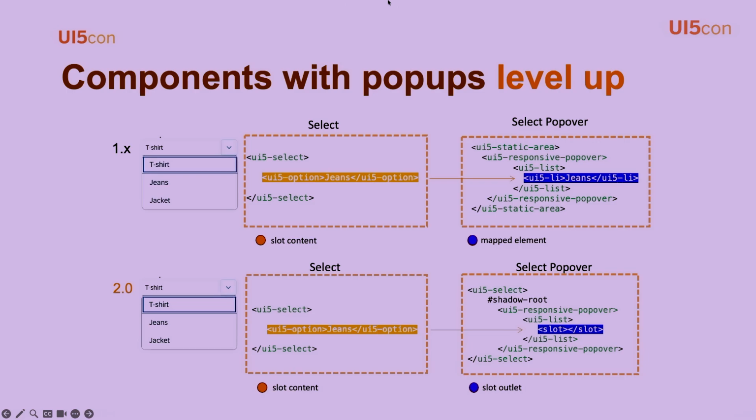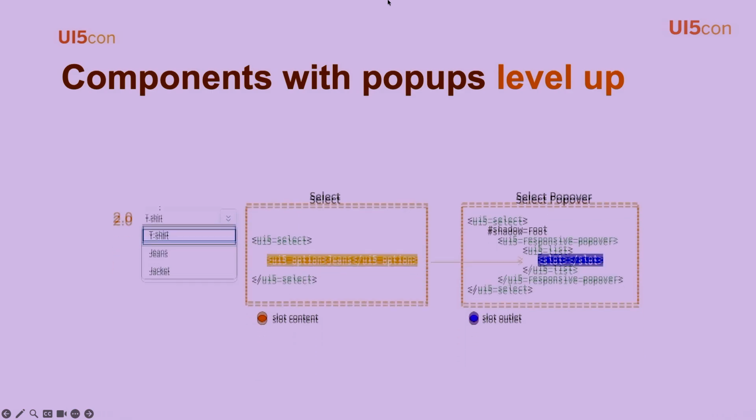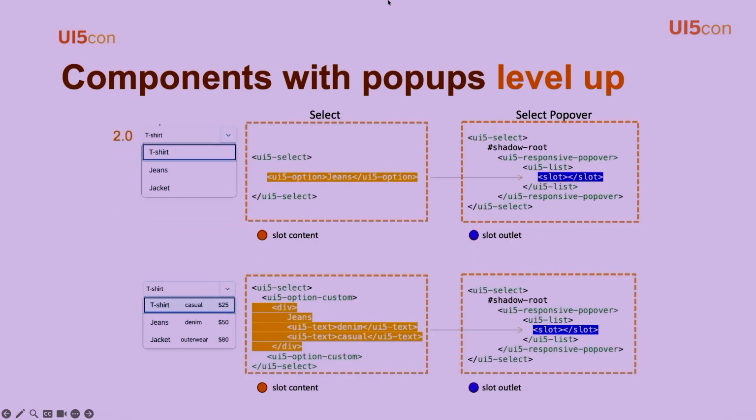And this is possible because the popover is now part of the select. It's not somewhere else. And this fact contributes to two great enhancements. The first one is that now custom content gets displayed in the drop-down elements, which was not previously possible.